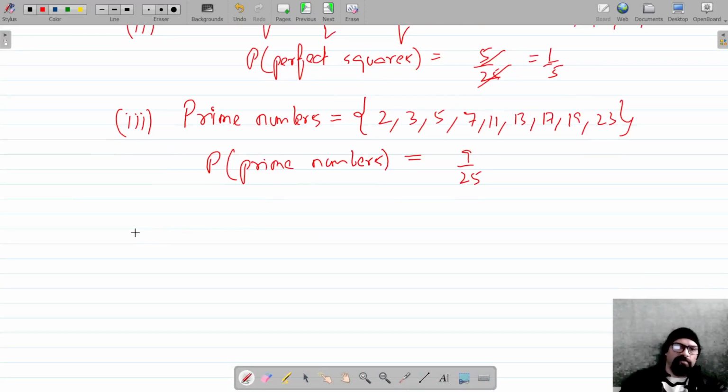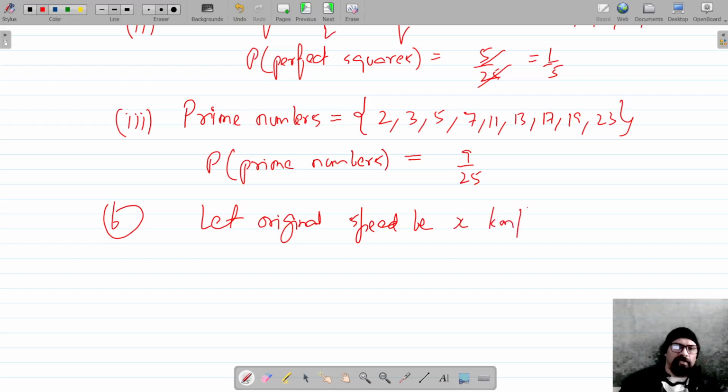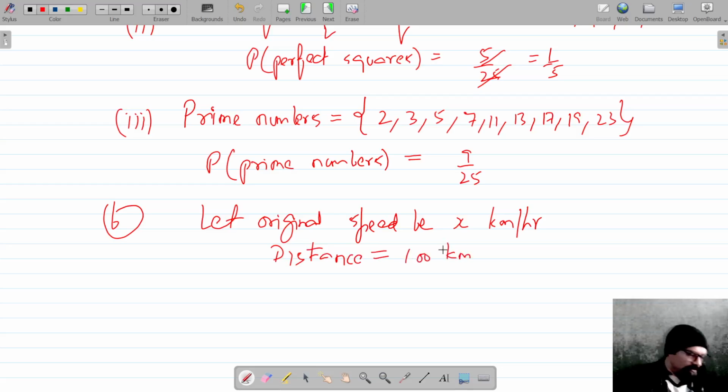So let the original speed be x kilometers per hour, and the distance is 100 kilometers.